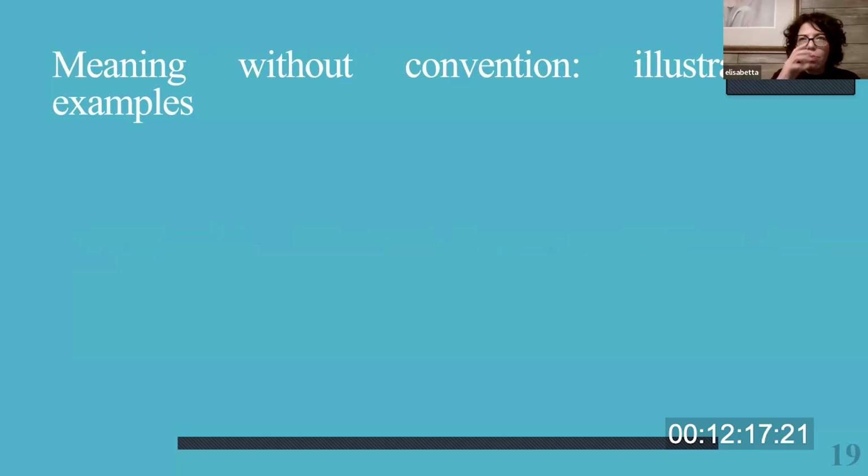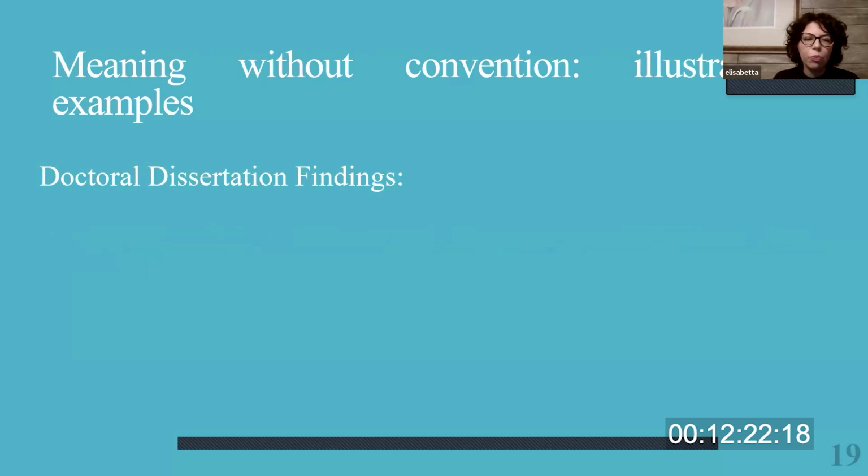And talking about autistic communication, I would like to provide an example from my doctoral dissertation findings, because even though I graduated in philosophy, I earned a PhD in philosophy. For my philosophical dissertation, I collected data from interviews with parents and siblings of autistic people, because I wanted to understand how neurotypicals experience the language of their autistic relatives.